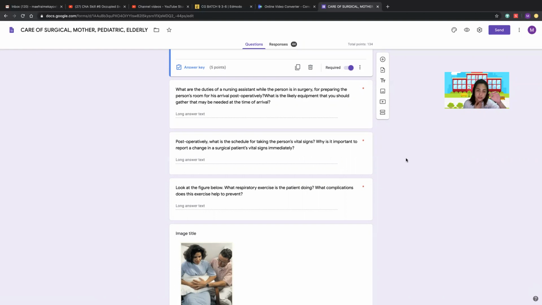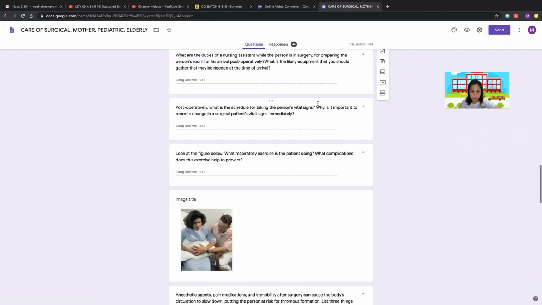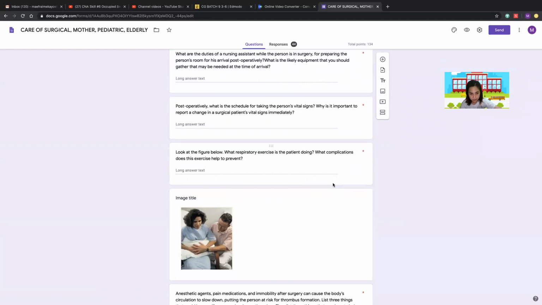So that will be the schedule of taking vital signs for post-operative patients. Why do you check the vital signs post-operatively? Because the patient might have complications related to surgery, so you need to monitor strictly.